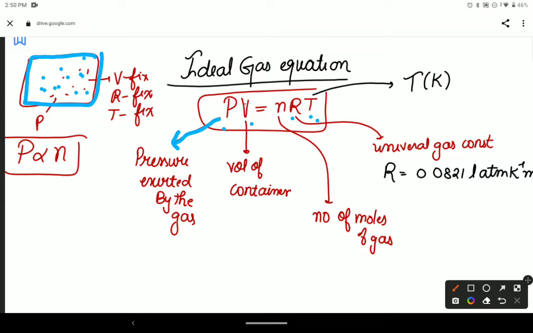And V is not the volume of the given gas, that's why I am explaining pressure carefully. Volume is the volume of this container, the total container. V refers to the volume of the total container, and n refers to the number of moles of gas. R refers to the universal gas constant, which is 0.0821 liter atmosphere per Kelvin mole. This is the standard thing: universal gas constant.